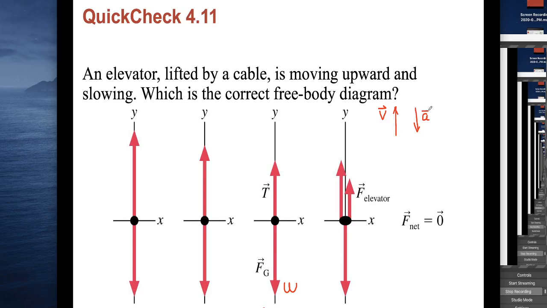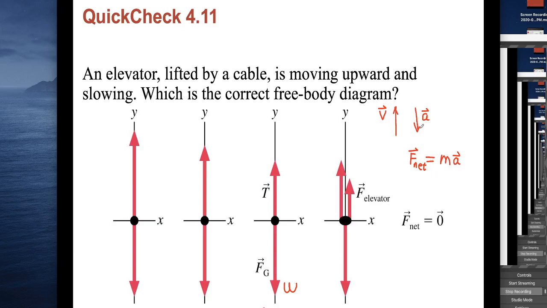Due to Newton's second law, do you remember what F net equals? The net force equals ma, where a is the acceleration. So the net force and the acceleration have the same direction.